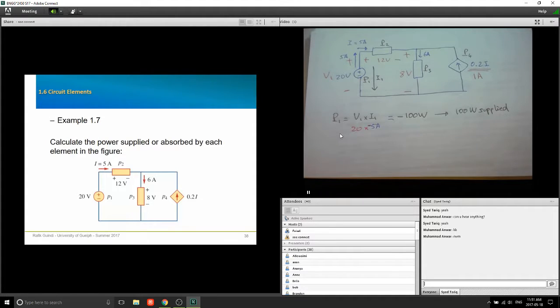So it makes sense. Okay. What about P2? It's 5 amps.